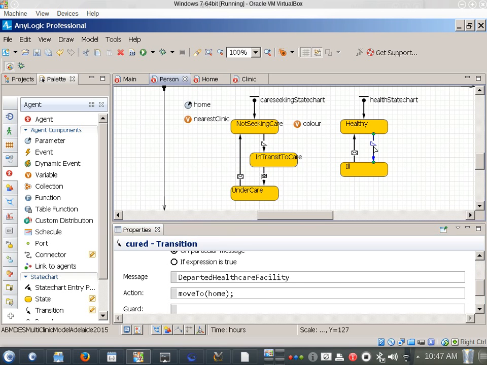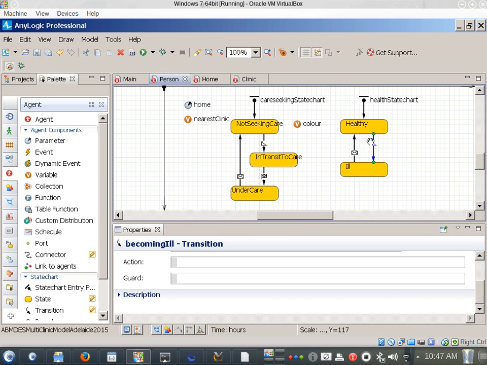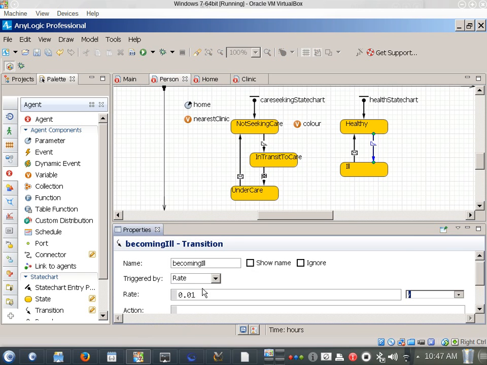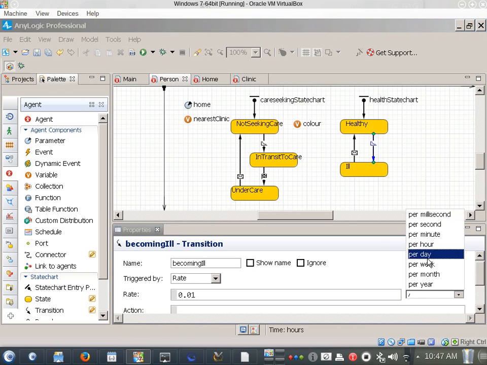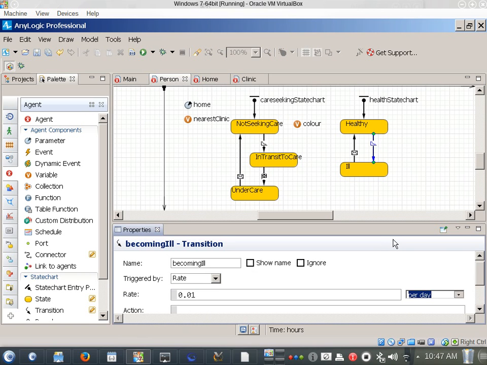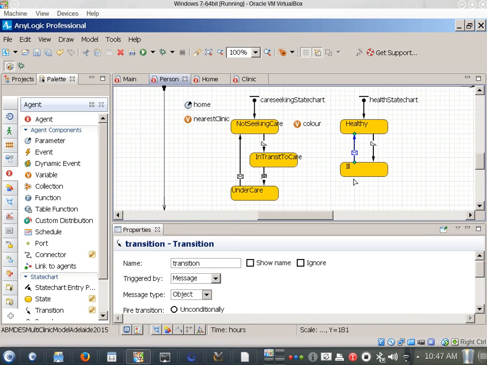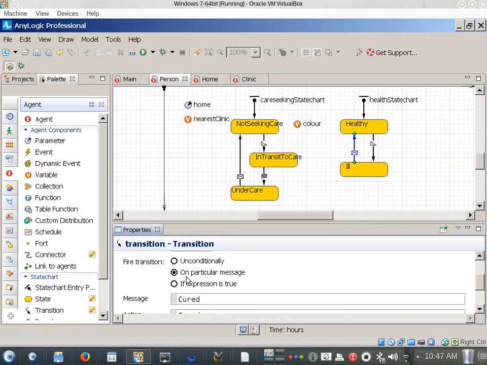Okay, so to go over these transitions again, this transition from healthy to ill has a rate of 0.01 per day. This is very important, it's per day. This transition back is a message transition based on a particular message cured.